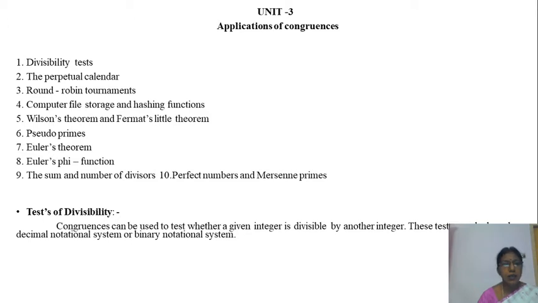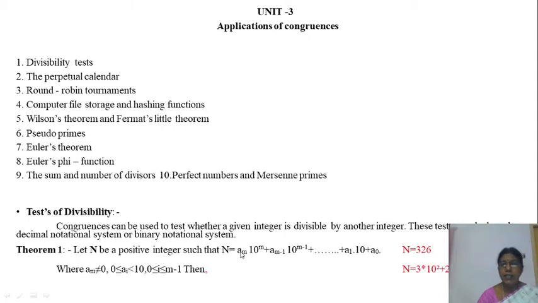We can use the congruence to test whether a given integer is divisible by another integer. We also use the congruence to check whether a number is divisible by another number. These tests may be based on the decimal notational system or binary notational system. I think all of you know the decimal notation system.